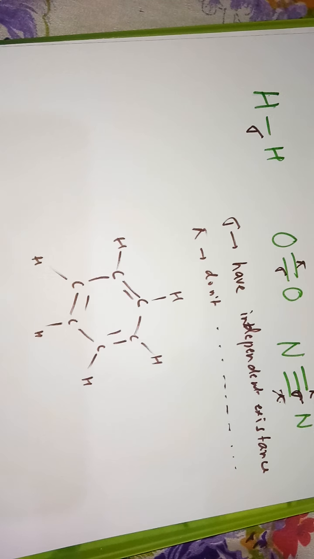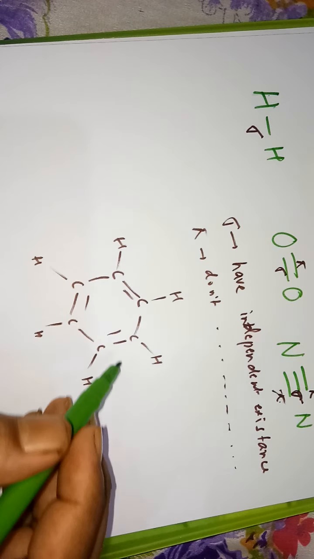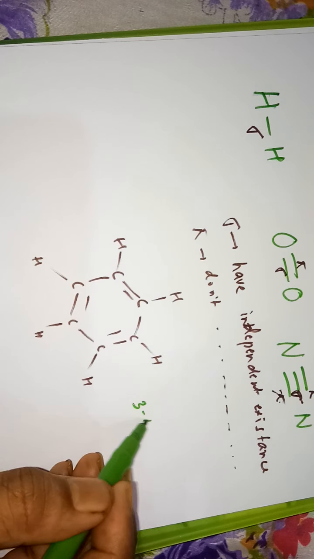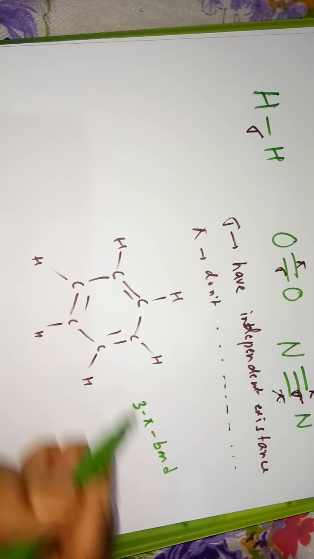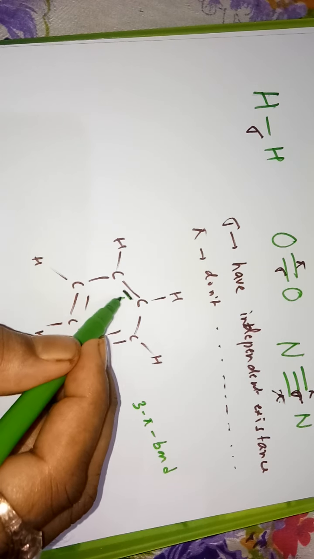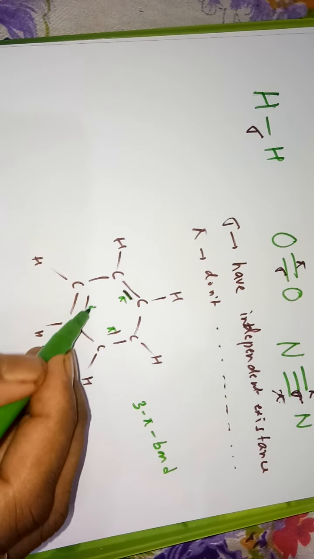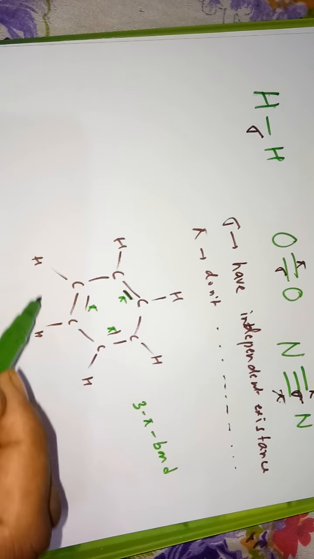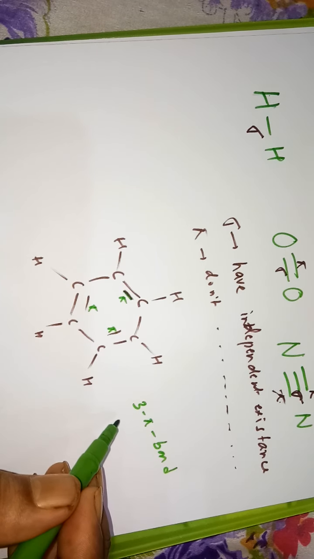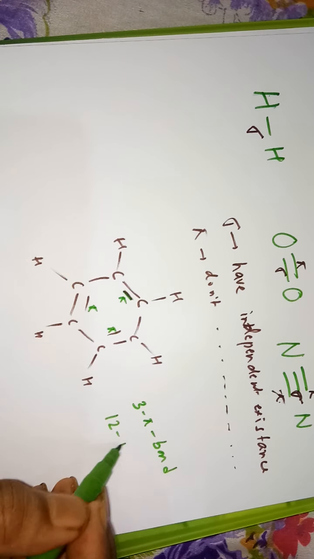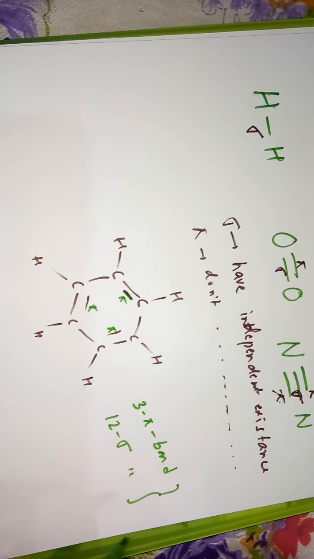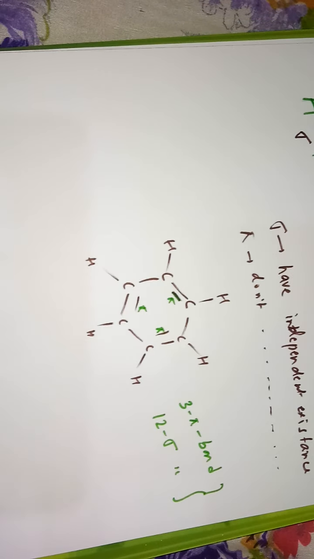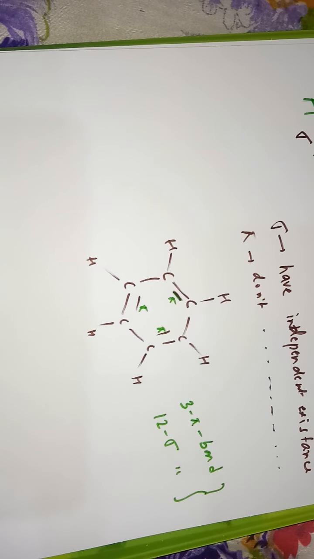In the structure of benzene, there are 3 pi bonds: pi bond 1, pi bond 2, pi bond 3, and sigma bonds 1, 2, 3, 4, 5, 6, plus 6. There will be 12 sigma bonds. So like that, from a structure you can say how many sigma and how many pi bonds are there. So in benzene there are 3 pi bonds and 12 sigma bonds.